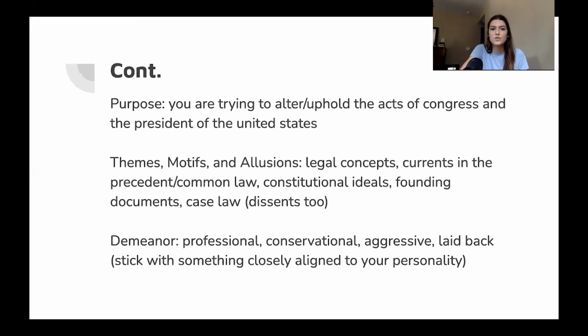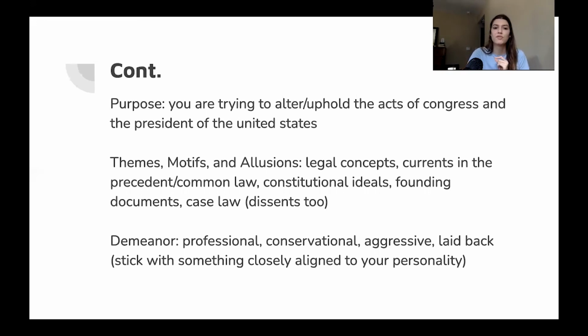And themes, motifs, allusions, you're going to have all of these within your arguments: allusions to case law, allusions to constitutional ideals, founding documents, and whatever you want to use, as long as it's within the scope of the cases on the record. You're going to want to try to have a central theme of your entire argument, something that you can come back to when you get questions.